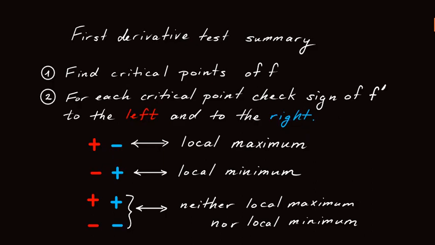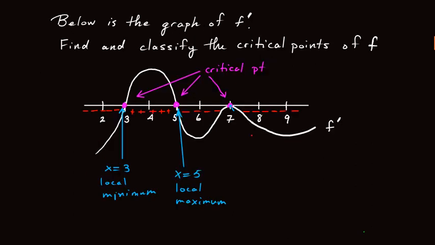So according to the first derivative test, I'm in the case of negative, negative, so it's neither local maximum nor local minimum. So f at x equals 7 is neither local maximum or min. So I have 3 critical points. Only these two are extrema. This one's not.